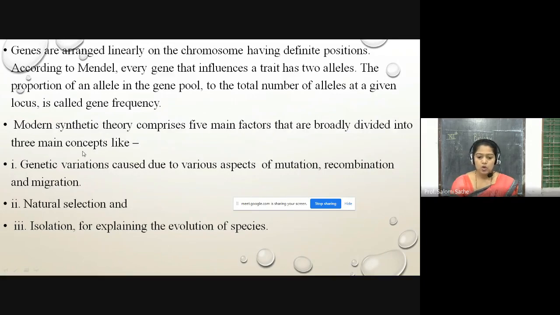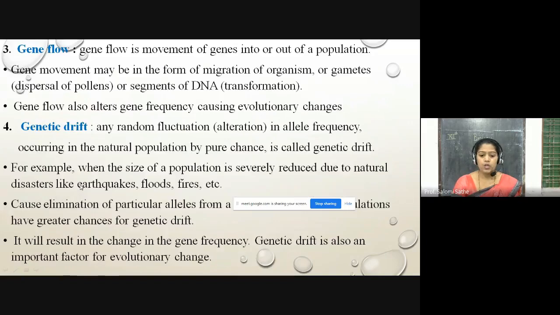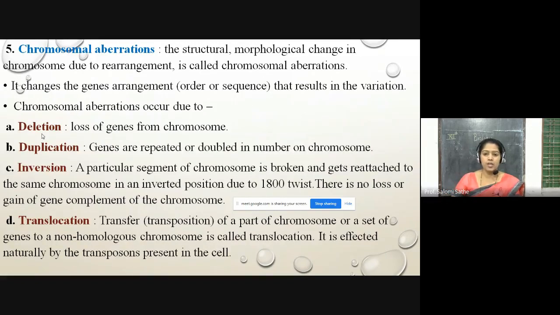In genetic variation, we learn the factors: gene mutation, sudden change; second, genetic recombination; then gene flow; then genetic drift; and last the chromosomal aberrations, which occur due to deletion, duplication, inversion, and translocation. This is all about our today's lecture.